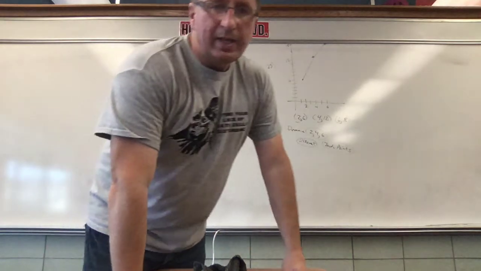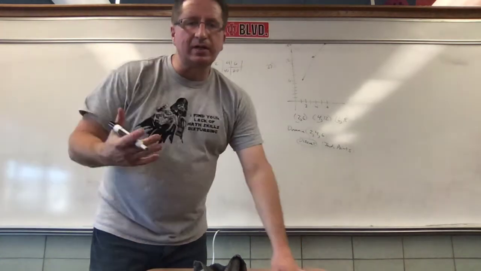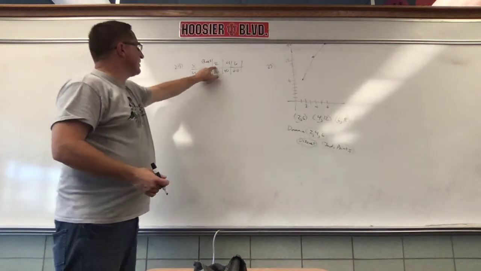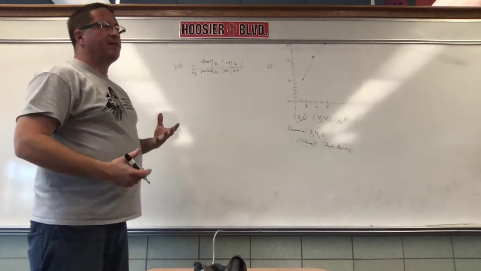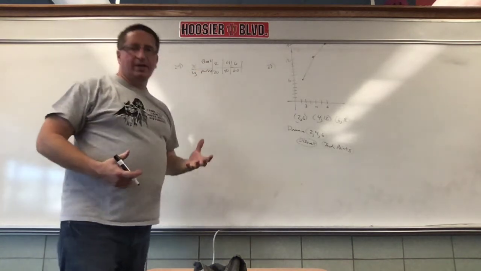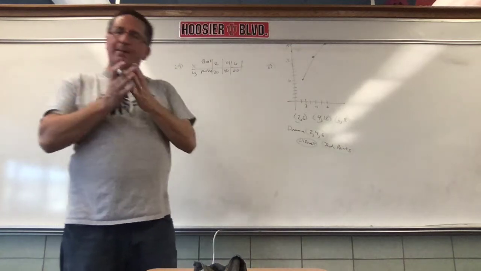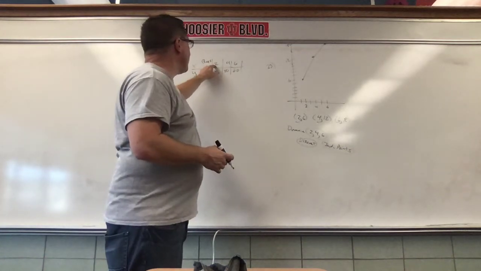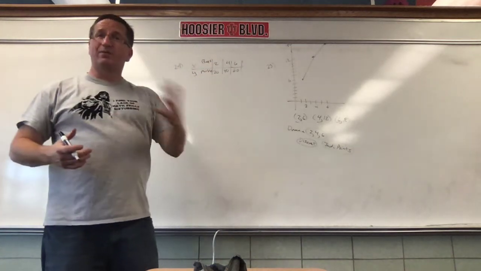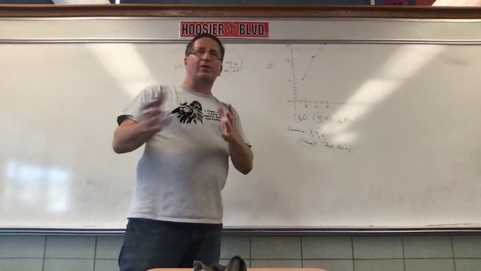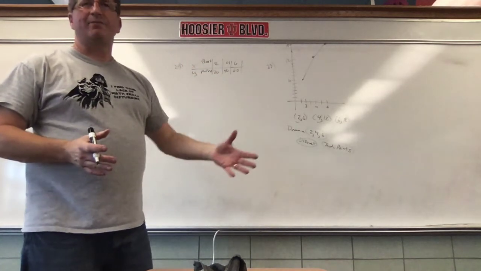They want to know, is the domain discrete or continuous? So we had 2, then 4, then 6. Think about it. We're talking about bags. Would that be continuous? The next number of bags would have to be 3, and then 4, and then 5. You can't have fractions, like 3.5 bags.